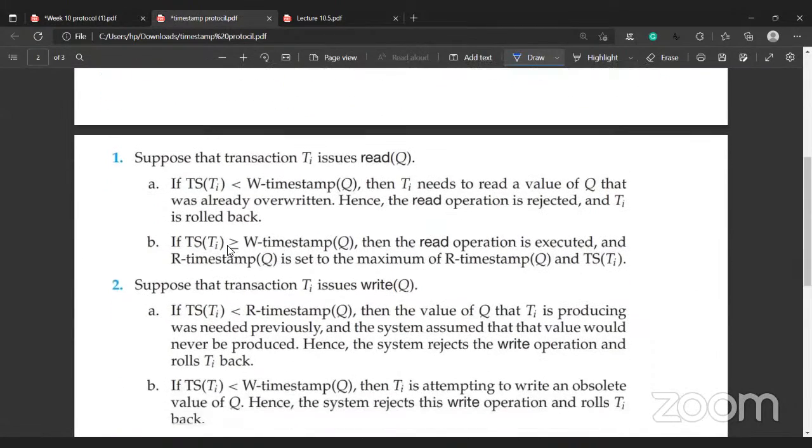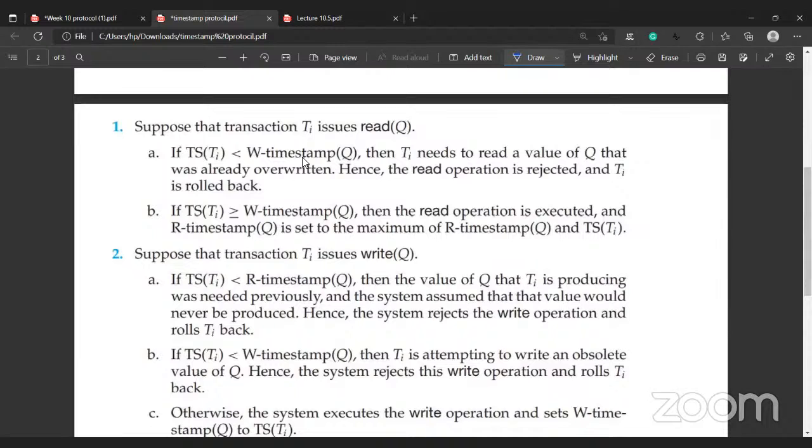Suppose transaction Ti issued a read on data item Q. If the timestamp of Ti is less than the write timestamp of Q, then Ti needs to read a value of Q that was already overwritten. Hence, the read operation is rejected and Ti will be rolled back.